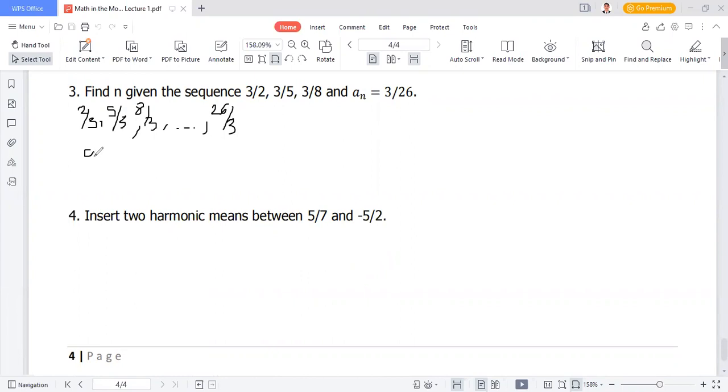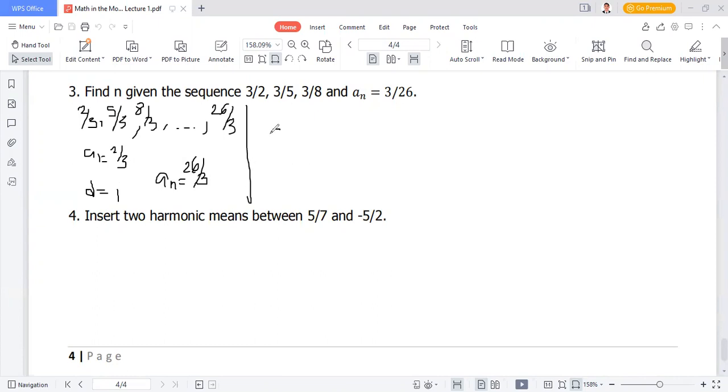So, a sub 1 is 2/3. Ang d natin is 1. 5/3 minus 2/3 is 3/3 or simply 1. Okay? And then a sub n is 26/3. Okay? Hanapin natin yung n.